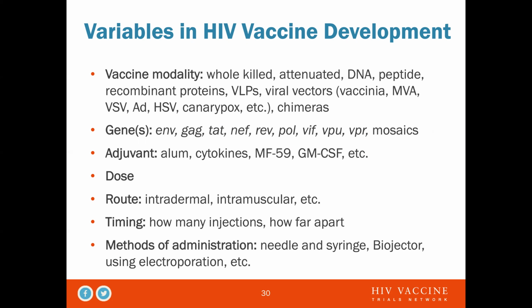And administration, will it be given with a needle, with a bioinjector device that does not have a needle, and instead gives the vaccine through the pores in your skin? Will you use electroporation? These are some of the elements that need to be determined, and the combinations are limitless.